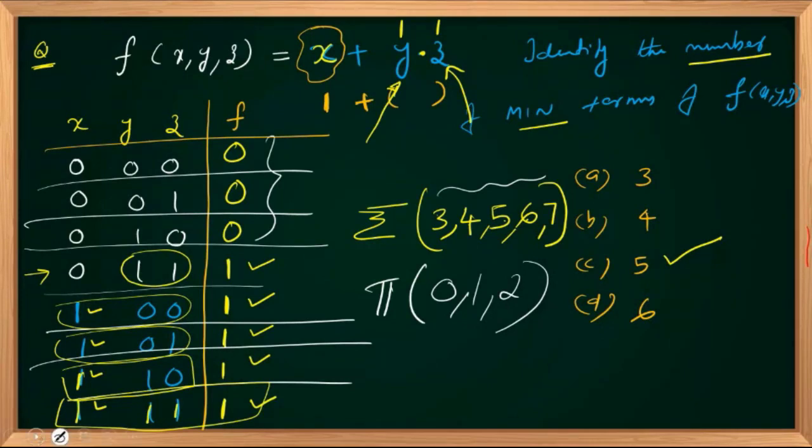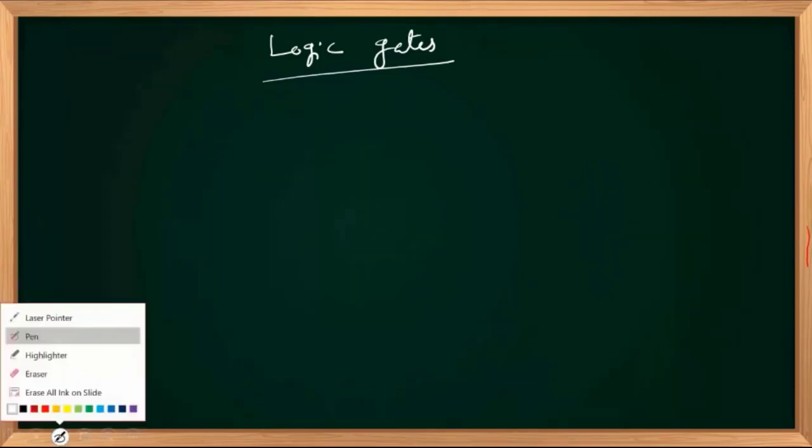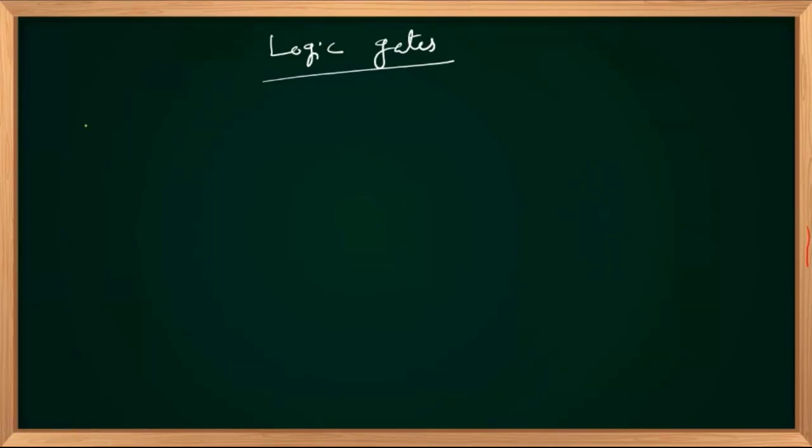Okay, so I'm moving to logic gates. Let us have a quick recap of the basic gates that you learned in your earlier days. Let us take the first one as my basic gate, called the OR gate.